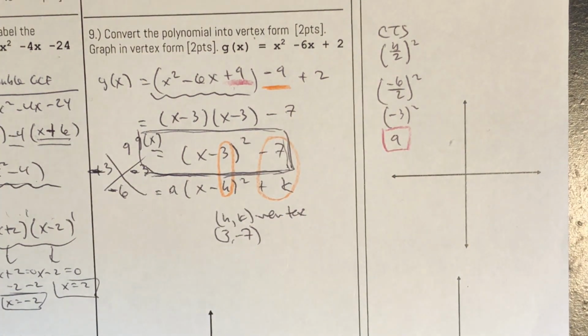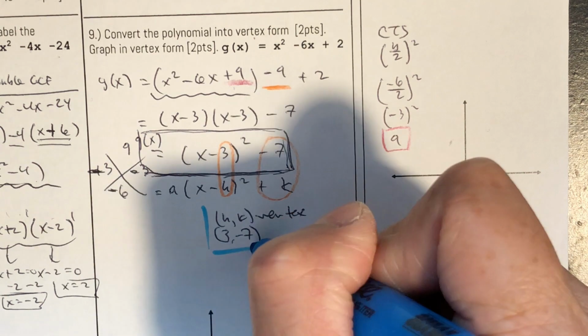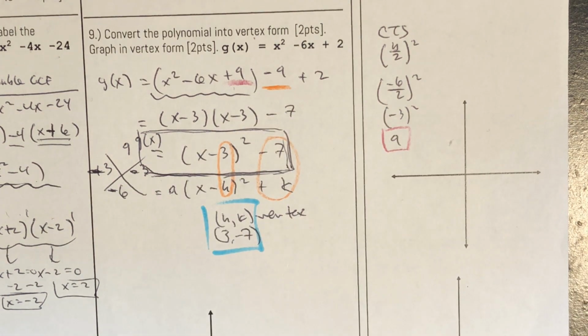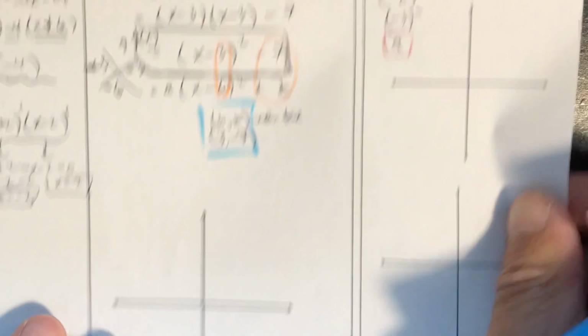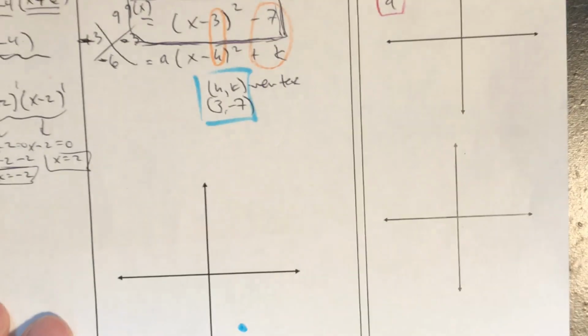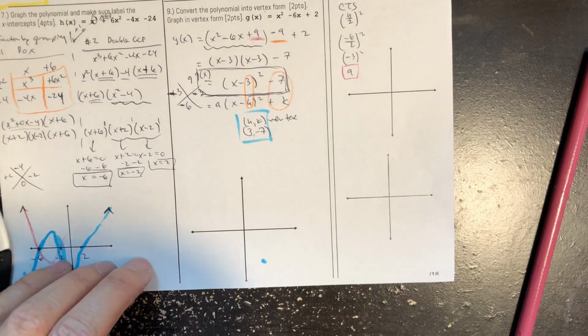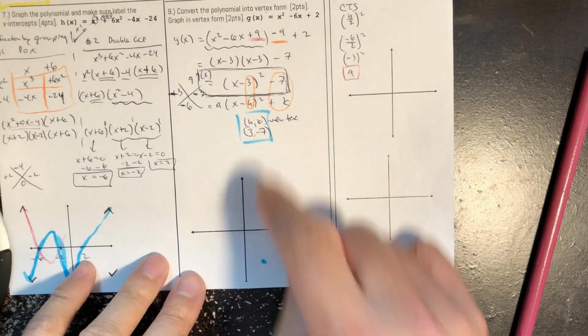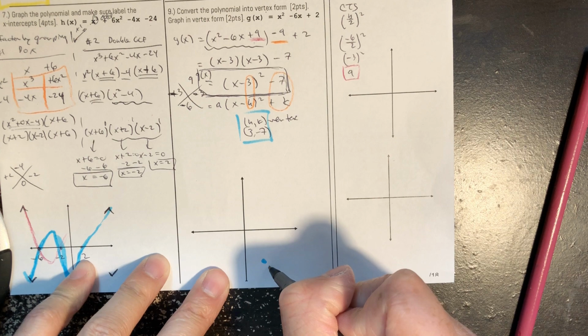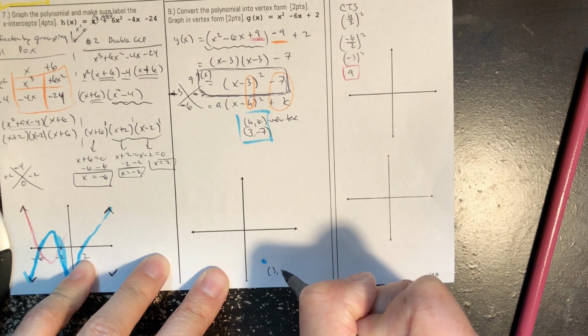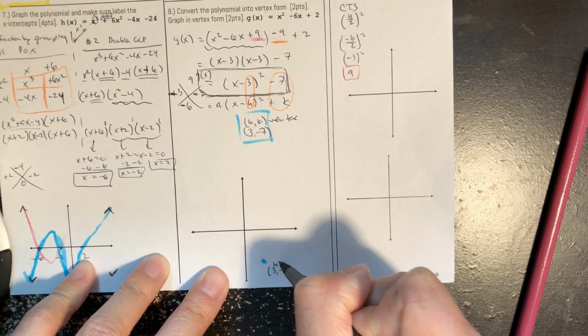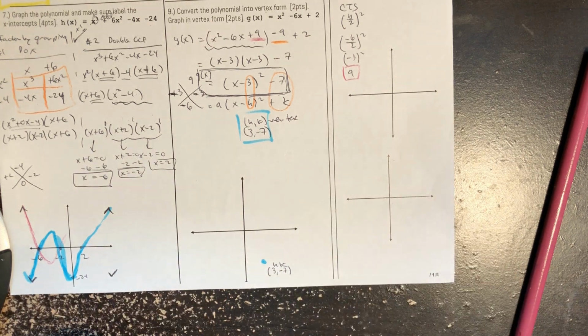Let's graph that. 3, -7 is to the right 3, and down 7. So zoom out. So there's my vertex in blue. 3, -7. Let's label it. Right 3 down 7 is our h, k. This is our minimum.